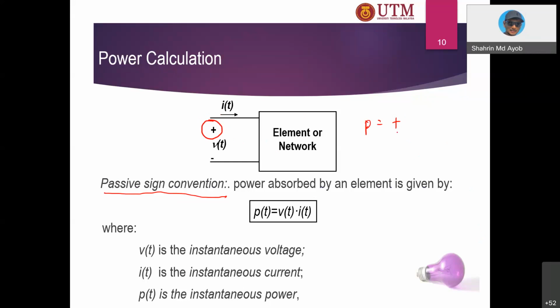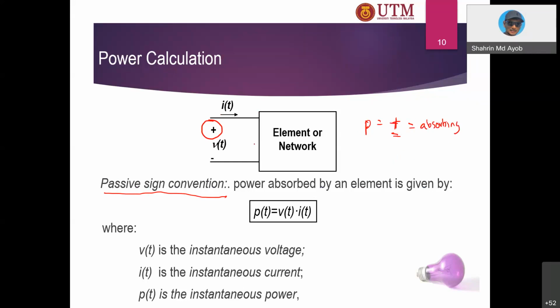Make sure that if you want to have a positive sign, the current must enter the positive terminal. So that is the passive sign convention. When you have positive, it means that this element is actually absorbing the power.